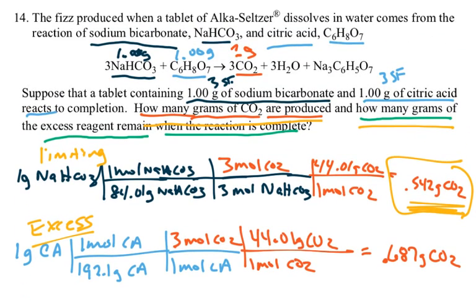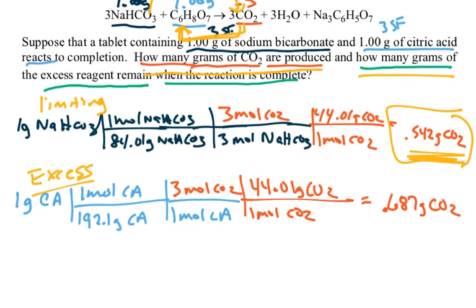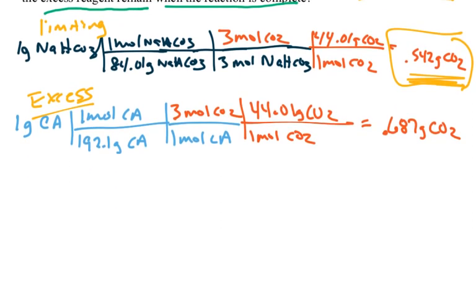Okay. So we're going to go then backwards from here to here. Okay, so our path was we went from here to here, and now we're going to go to here. Okay. Like I said, we could go many paths. It doesn't really matter. So we're going to start with 0.542 grams of CO2.